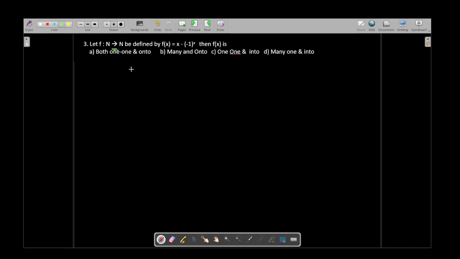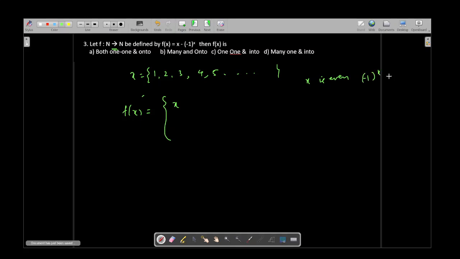So here we have a function from natural numbers to natural numbers. So x values are 1, 2, 3, 4, 5, and so on. f of x is equal to x plus minus 1 power x. When x is even, minus 1 power x is positive 1, because minus 1 to the power of an even number is plus 1.